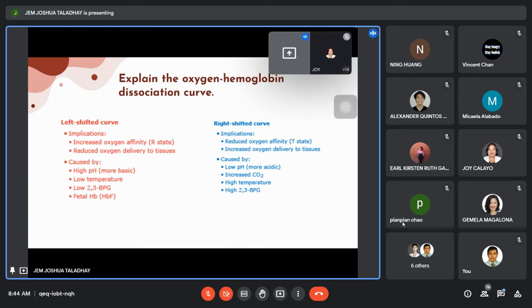So it's difficult to separate the two. This is caused by high pH, then low temperature, and as I mentioned earlier, the fetal hemoglobin, which is a hemoglobin that naturally has high affinity to oxygen.